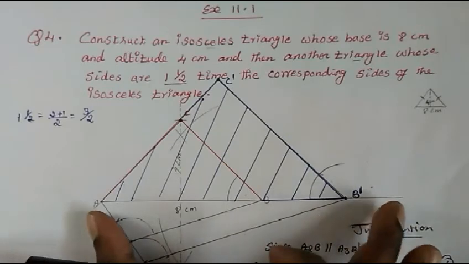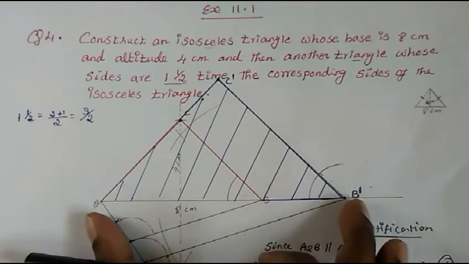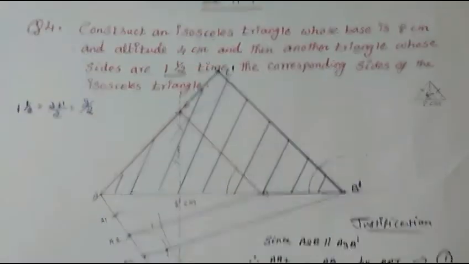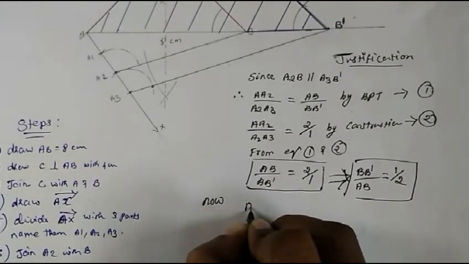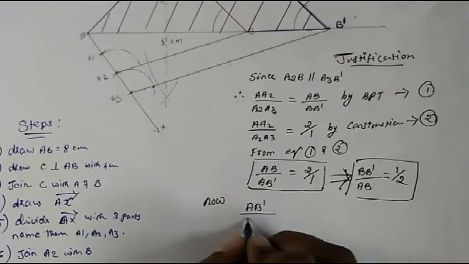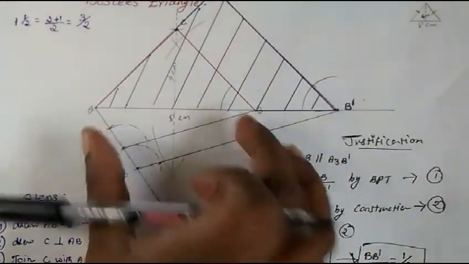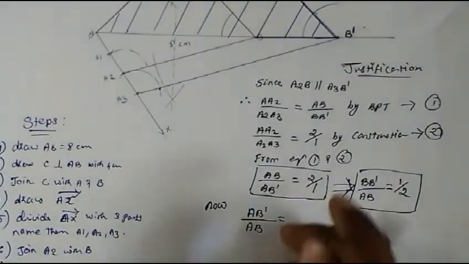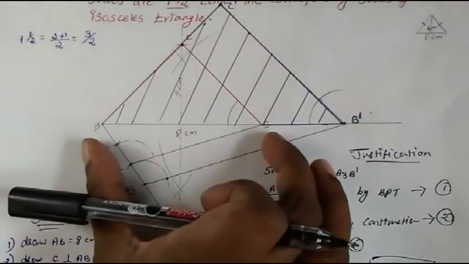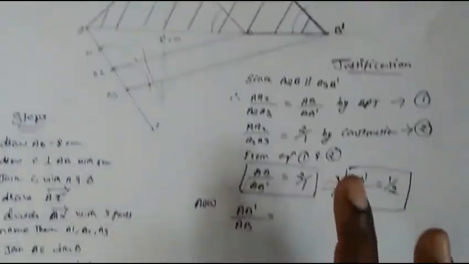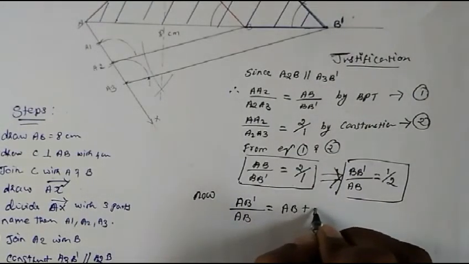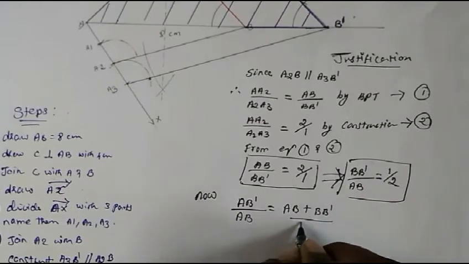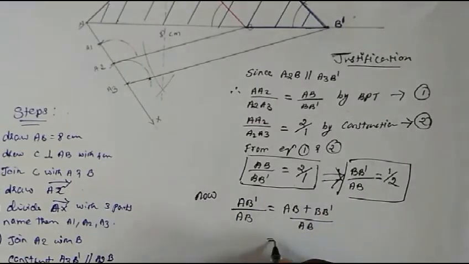So we will take AB dash, this full side, upon this side AB. This whole thing can be written as this side plus this side. So AB plus B dash upon AB.